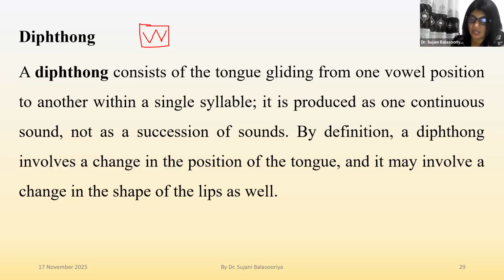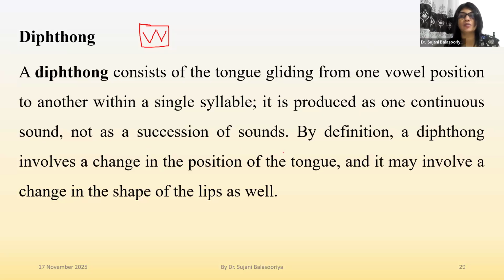There's no pause in between the two vowel sounds. When we produce the first vowel sound, we produce the next vowel sound immediately after. So we say there is a tongue gliding, from one vowel position to another within the single syllable. It is produced as one continuous sound, not as a succession of sounds.